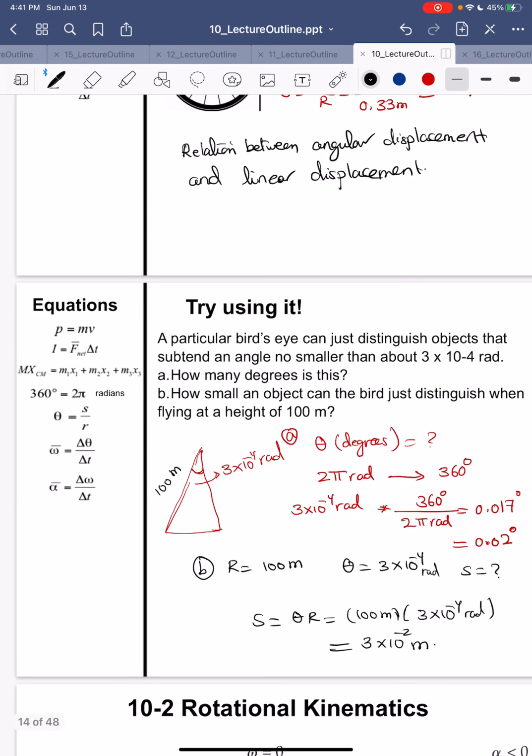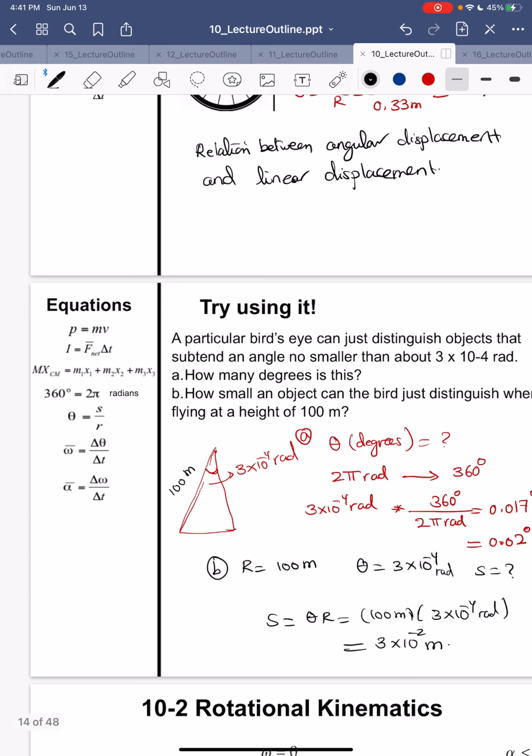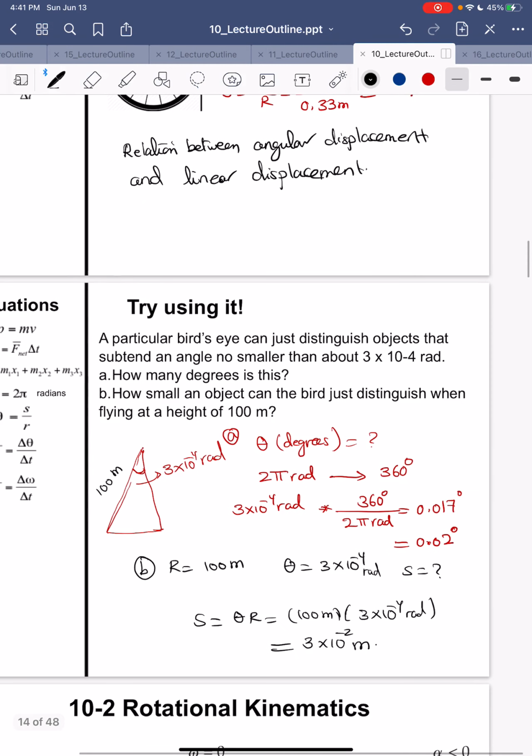Again, here we have a bird. A particular bird's eye can distinguish between objects that subtend an angle no smaller than 3 × 10⁻⁴ radians. This is the bird in here, looking over, and this is really the angle that is going to be 3 × 10⁻⁴.